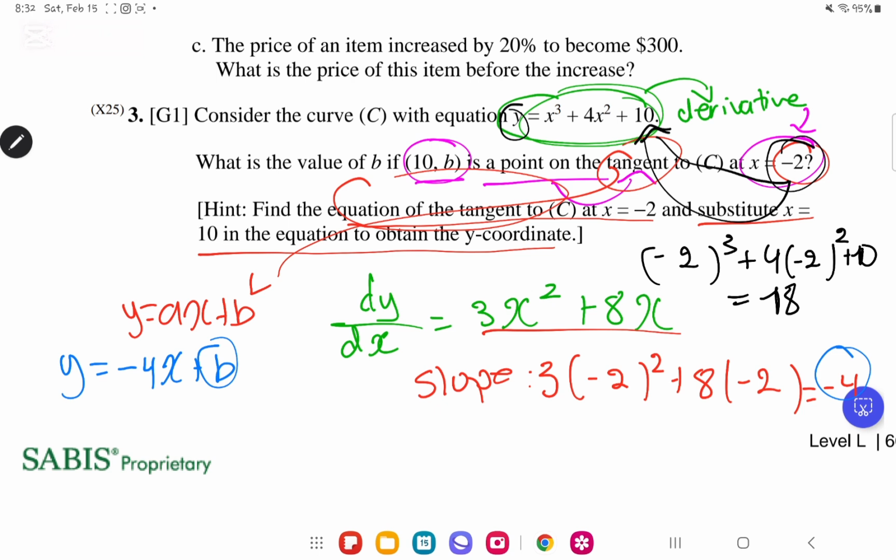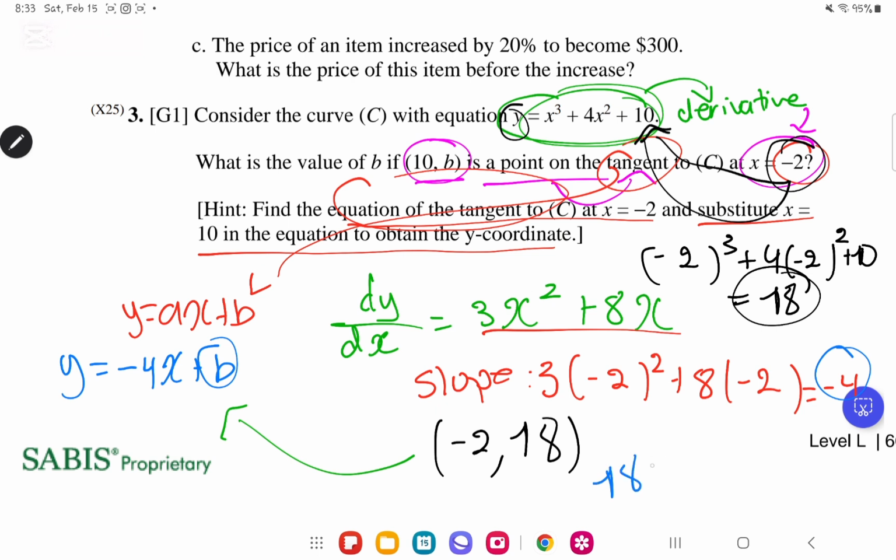So you know that x is minus 2 and the y that we just found is 18. Now the next thing we're going to do is put it in this equation over here. So it becomes 18, substituting y by 18, the slope by minus 4, and x by minus 2, plus b.